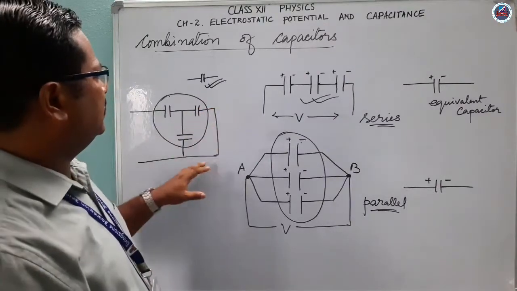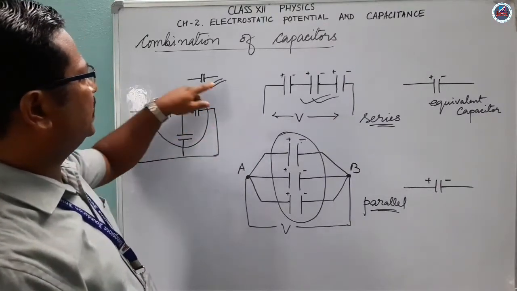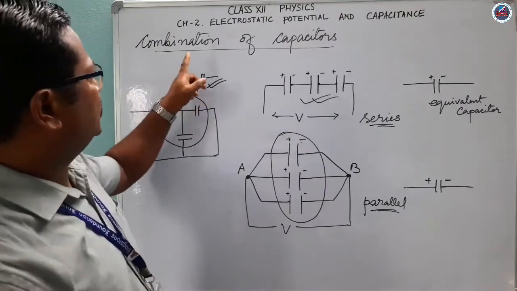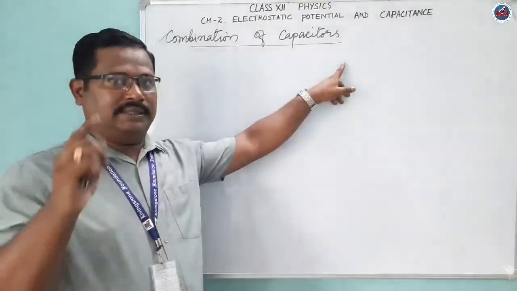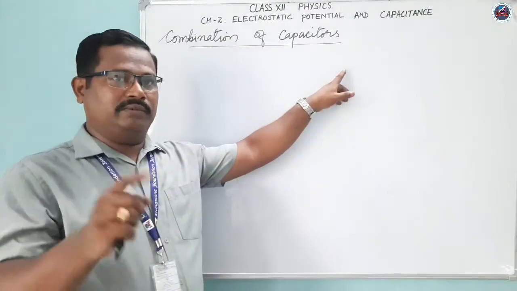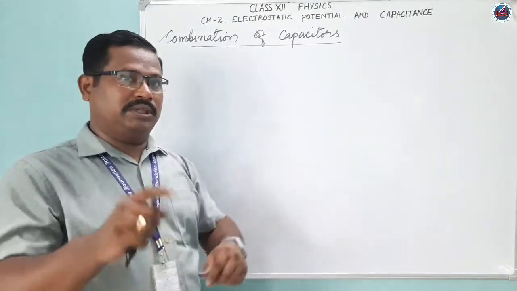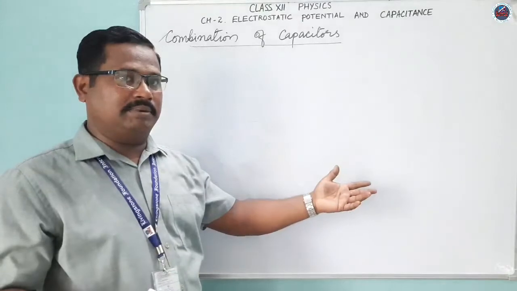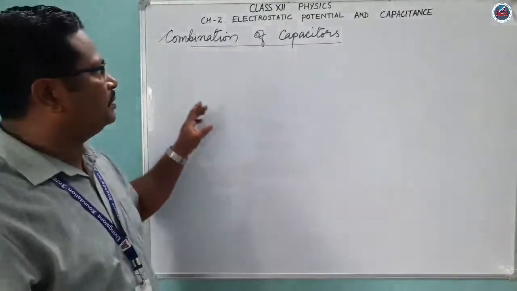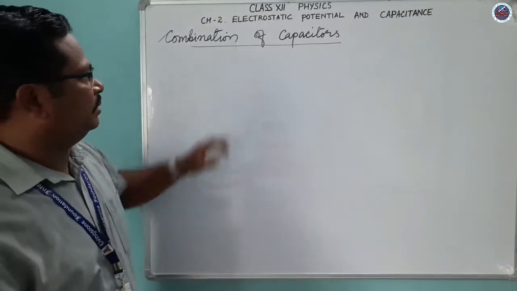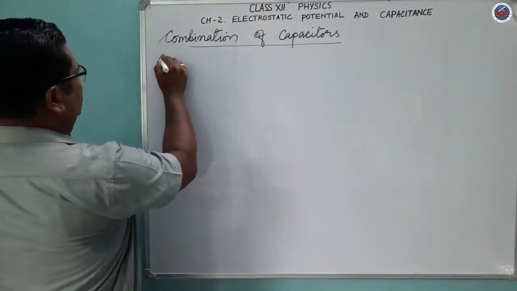To learn how we can replace it with a single capacitor, it is necessary to know the combination of capacitors. There are two types of combination. One is your series combination.